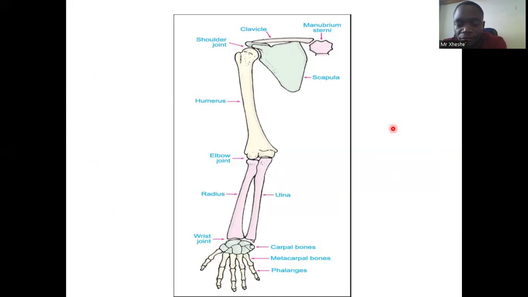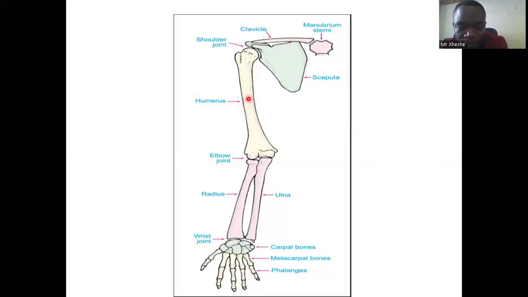Number 3, the clavicle is the first long bone in the human body to fully ossify, to be fully transformed into a solid bone. Before these other bones are completely transformed from cartilage into bone, this one is already formed into a bone. So by the time the baby is about to be born, this bone is already hard as compared to these, which are still cartilaginous.